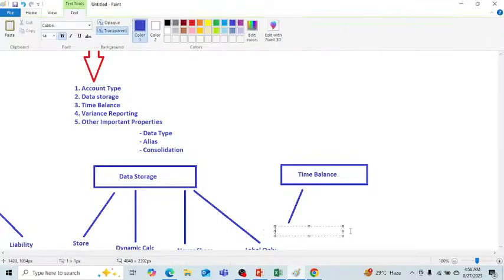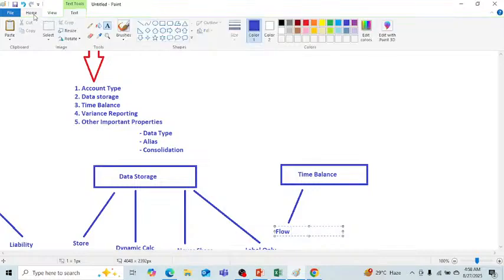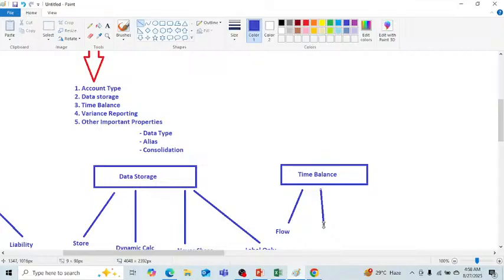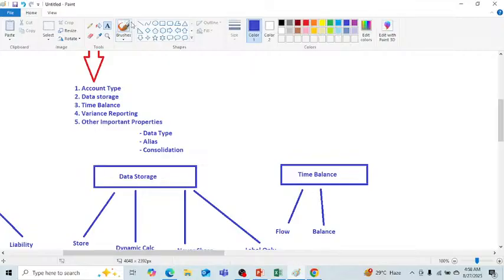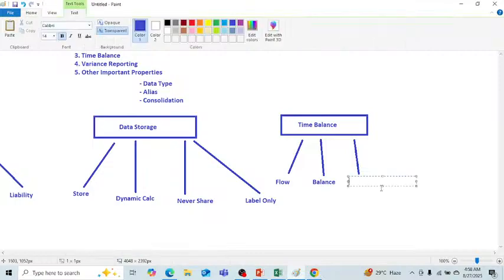So the first one is flow. Another one we have is balance. The third one we have is first.